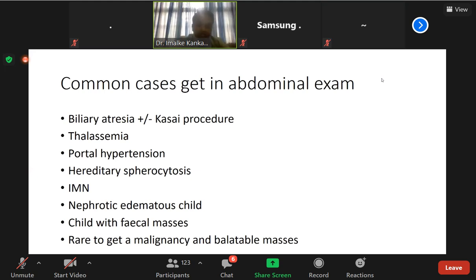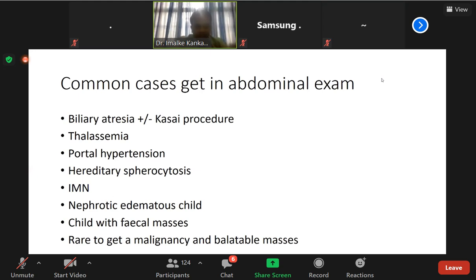Portal hypertension is a very common case which we bring to the exam specifically, because these children will be at home who have isolated splenomegaly. It's very easy to find these children and give a call and bring them to the exam. Hereditary spherocytosis is also like that. They will usually have a little bit of jaundice, anemia, and splenomegaly.